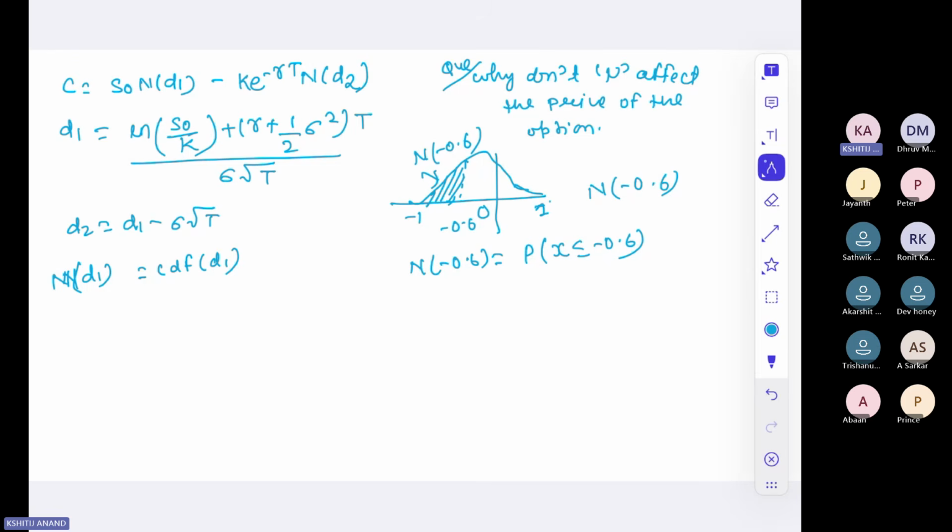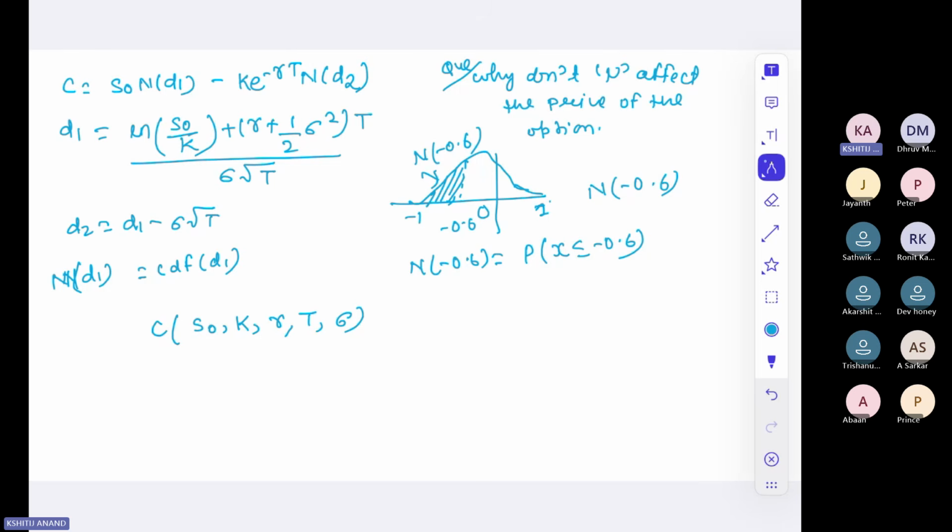In Python, a direct formula exists to find ND1. It is just norm.cdf of D1. So what are the parameters on which this call option price depends? The parameters are S, which is the current stock price, K, which is the strike price of that option, R, which is the risk-free rate of return in the market, capital T, which is the expiry date, and sigma, which is nothing but the volatility.